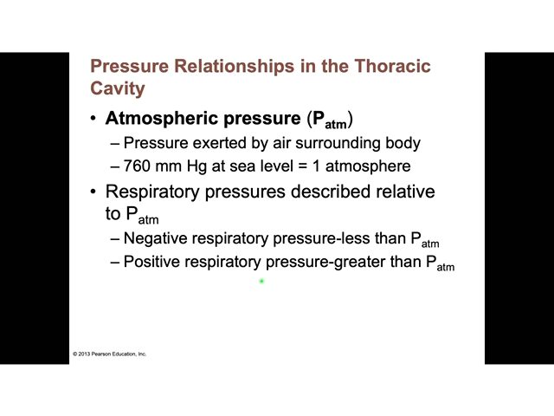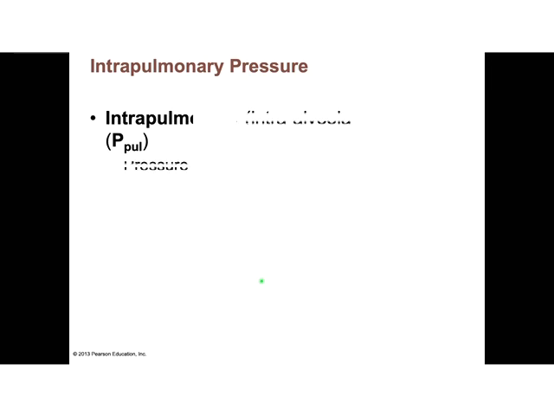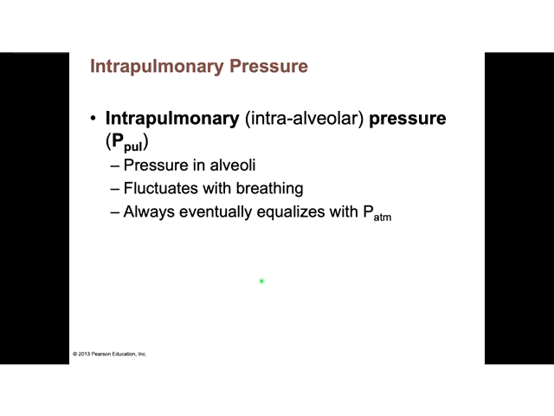Okay? Respiratory pressures are described relative to atmospheric. Okay? They can either be equal to, greater than, or less than atmospheric pressure. If they are greater than atmospheric pressure, then they will force air into the atmosphere. If they're less than atmospheric pressure, air from the atmosphere will go into that region. And if they're equal, there will be no net movement.